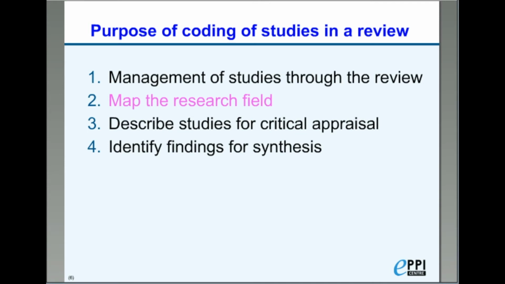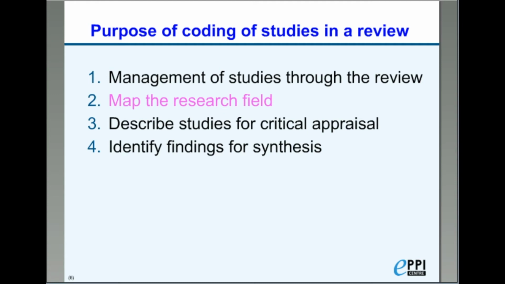A third reason you describe the studies, you code information from the studies, is because you need to know about the individual included studies in order to quality and relevance appraise them to make sure that they should be included in your synthesis. And fourthly, of course, you need to code, to identify, to pull out the findings of each study in order to undertake the synthesis.